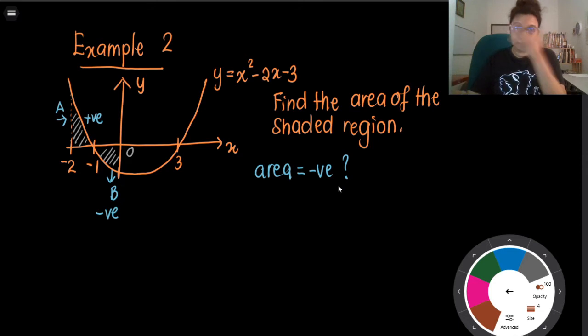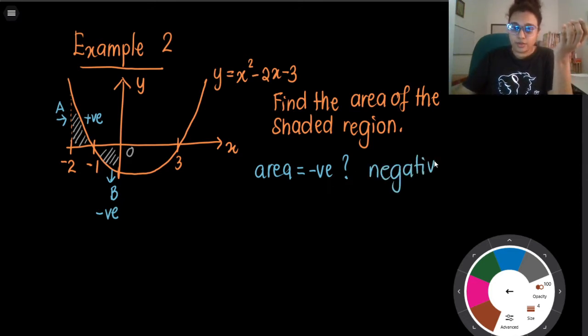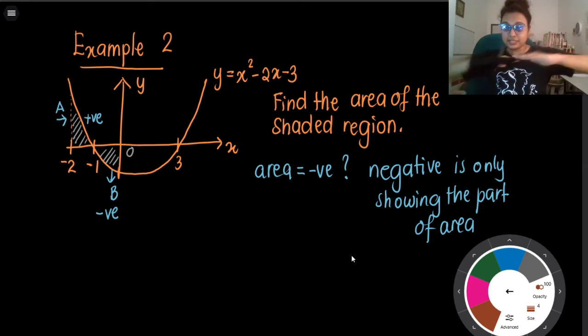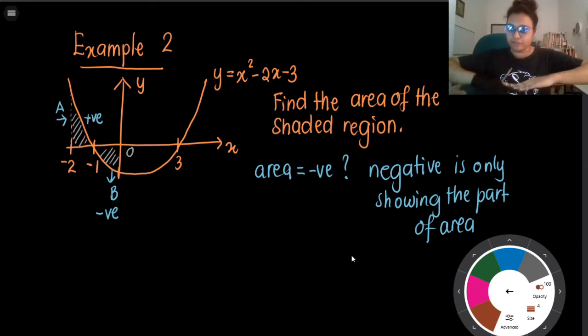Cannot, right? So the negative is only showing the part of the area. Meaning that if you get a negative, that means that it's showing the below part of the x-axis. If you get a positive, you get the upper part of the area for the x-axis.